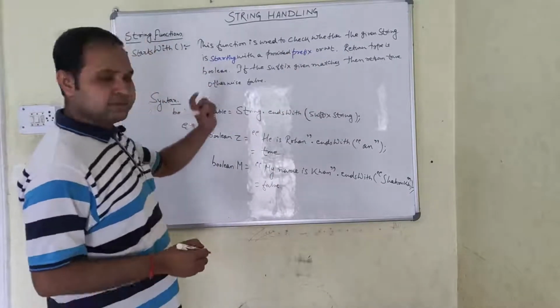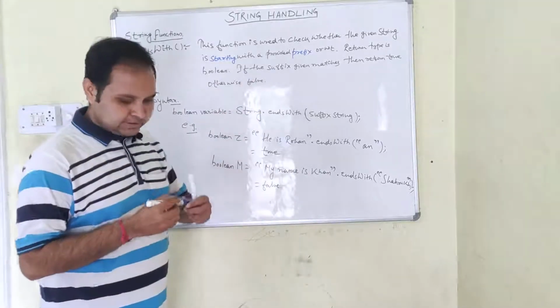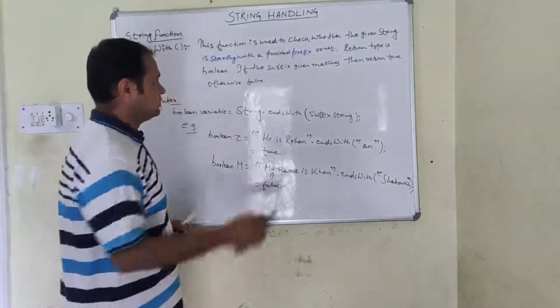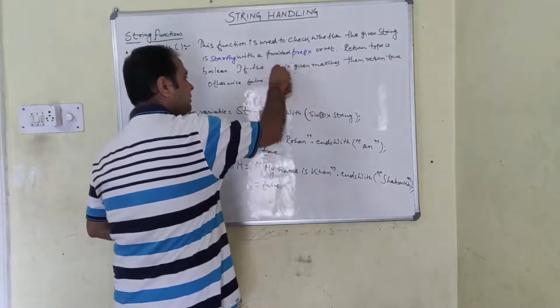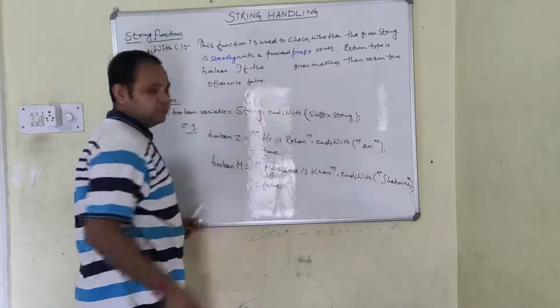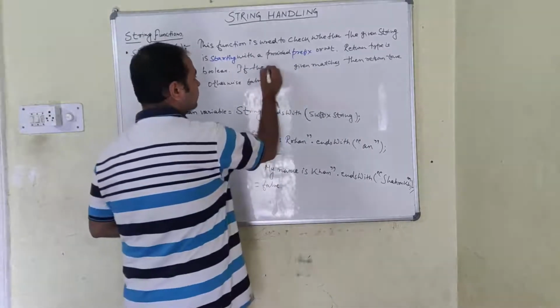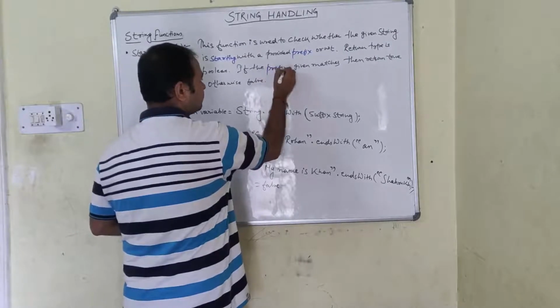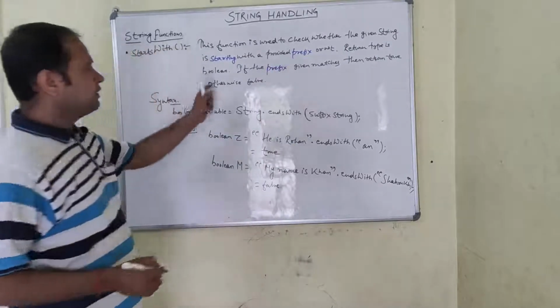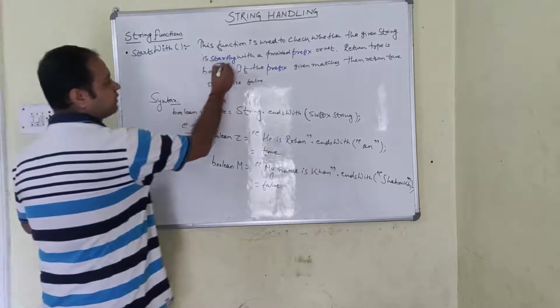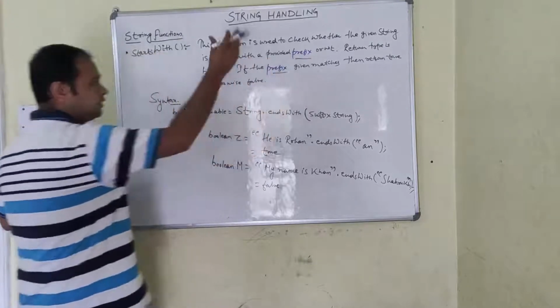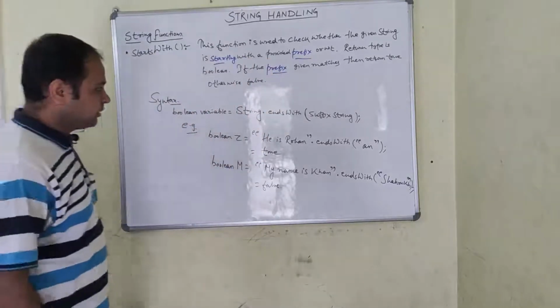The return type is boolean, same. If the given prefix matches, then it returns true, otherwise false. So these are the places where we have made the changes. Please note it down and write the complete definitions in your copy.